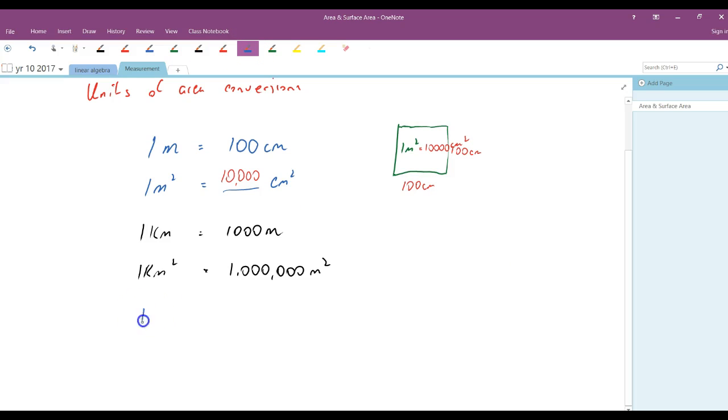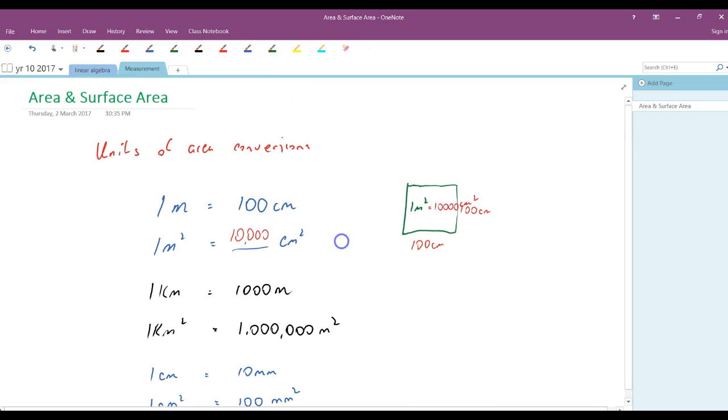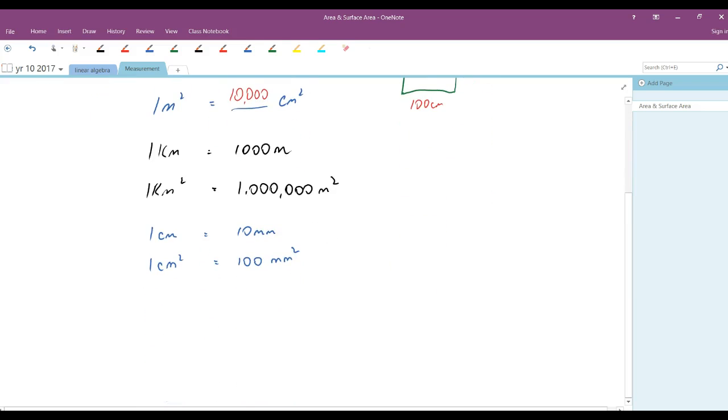And then finally, 1 centimeter is 10 millimeters, so 1 centimeter squared is 10 by 10, or 100 millimeters squared. Okay, so the units of area and the conversions between them is a fairly important concept.